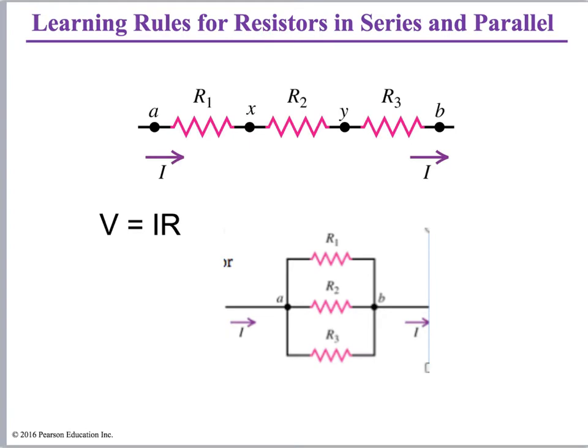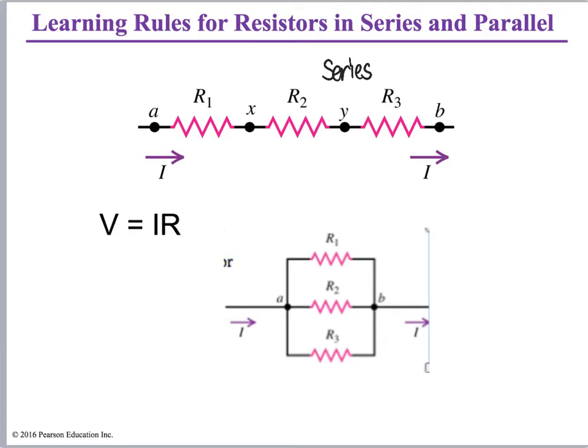All right, so the first thing we're going to look at today is resistors in series or in parallel, and these two pictures are showing that. This picture right here is resistors in series.